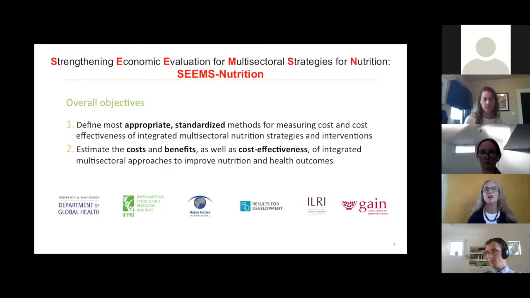And our objectives are to really develop and apply appropriate standardized methods for measuring cost and cost effectiveness, and to estimate cost and benefits for a series of approaches in several low-income countries.